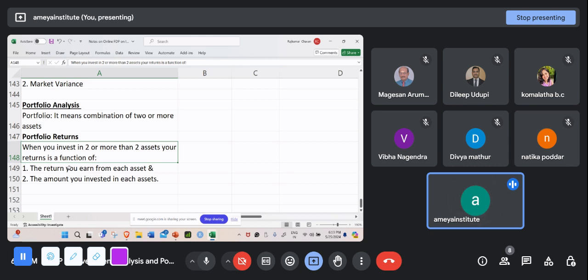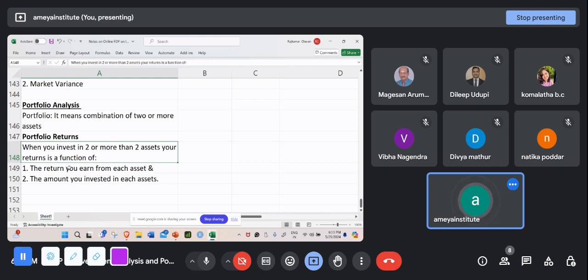The second is the amount you invested in each asset, which is also very important to calculate the weight in the portfolio. The expected return on a portfolio is your return on individual assets and the weight of each individual asset combined together, which gives us the portfolio return.